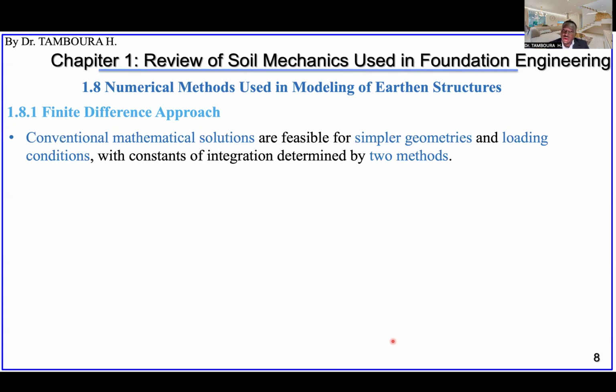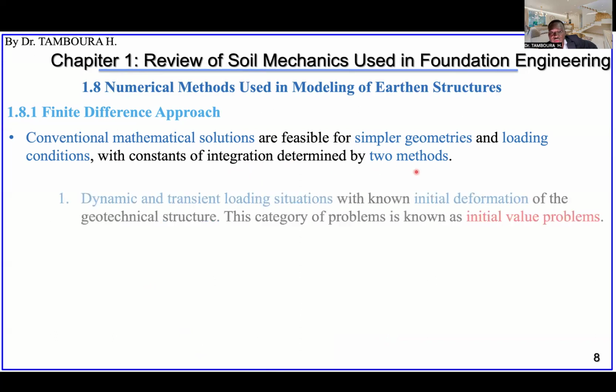Conventional mathematical solutions are feasible for simple geometry and loading conditions. If the geometry and load conditions are very simple, we can use just conventional mathematical solutions. Sometimes we can solve them analytically by ourselves without using any machine, for example using constants of integration determined by both methods.